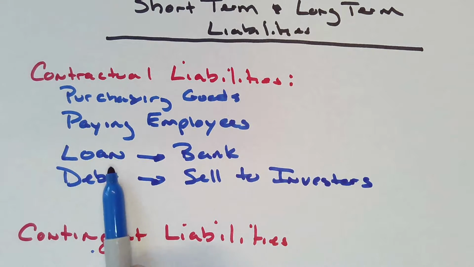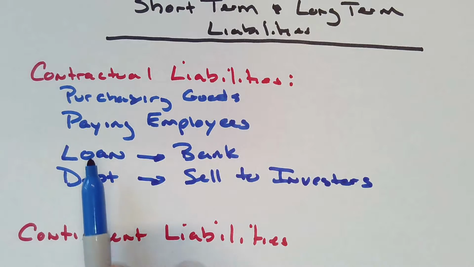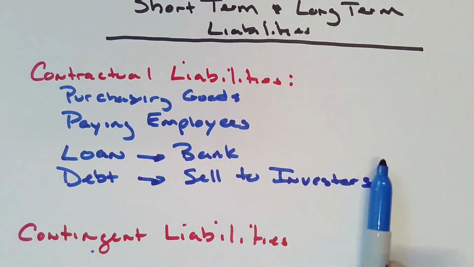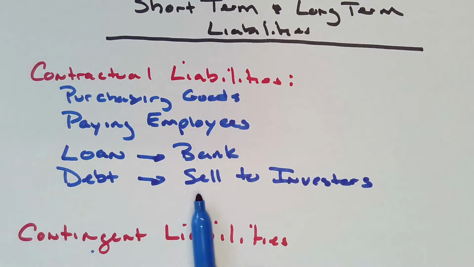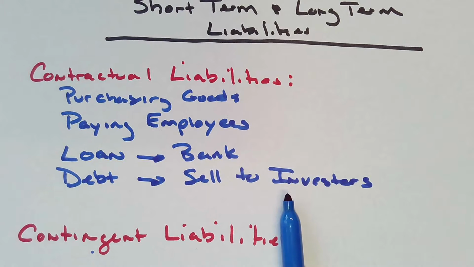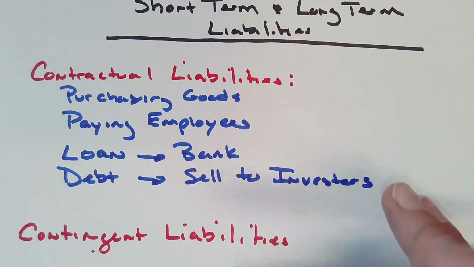But I want to make a subtle difference whenever I talk about a loan. I'm assuming that you've gotten that from a bank. When I talk about debt, I'm assuming that you have floated some kind of instrument that ultimately you're going to be obligated to pay back to these investors, whether with interest or principal or what have you, right? So these are all contractual liabilities.